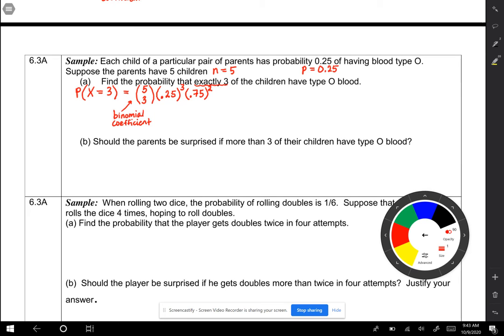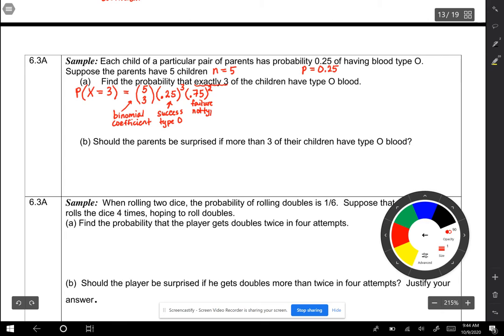Then you would just use the calculator to multiply everything out. So this is your success for type O, and this is our failure, so not type O.